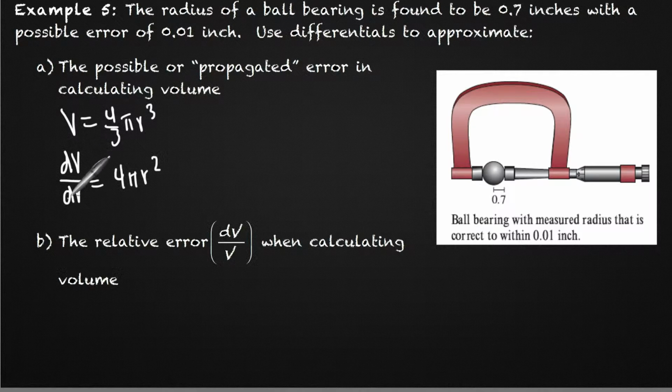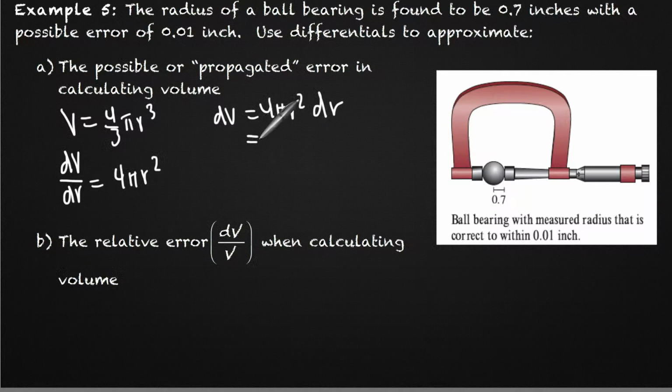We're taking the derivative with respect to r, so no implicit differentiation or anything. So then multiply by dr, so dV is going to be 4 pi r squared dr. dV represents the approximate change in volume if the radius is possibly off by 0.01.